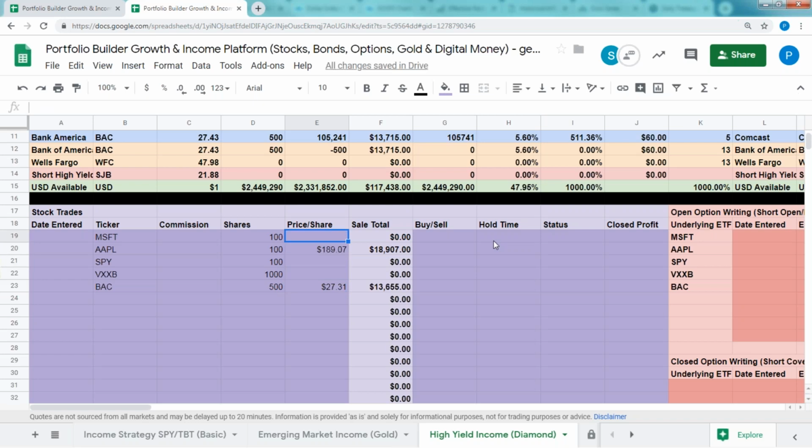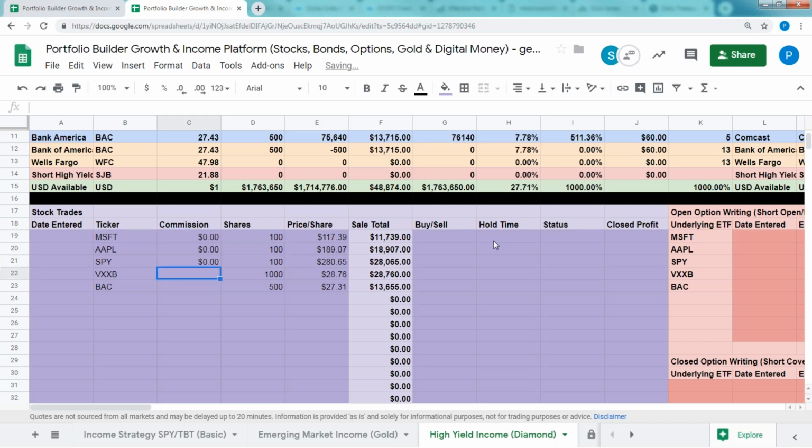Microsoft 117.39. SPY 280.65. And VXXB was 28.76.